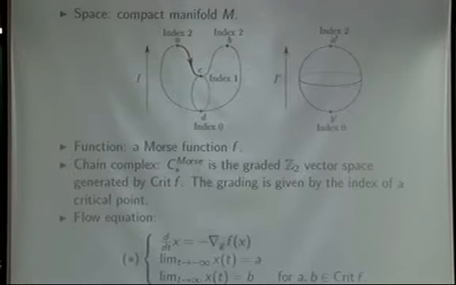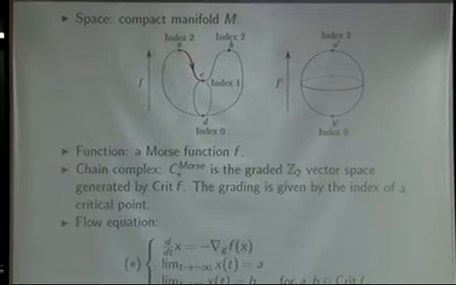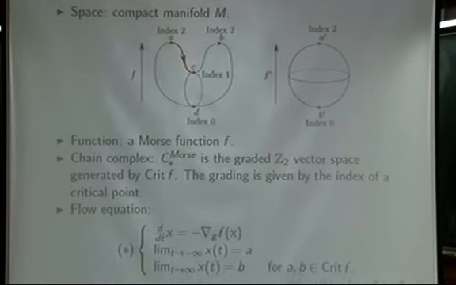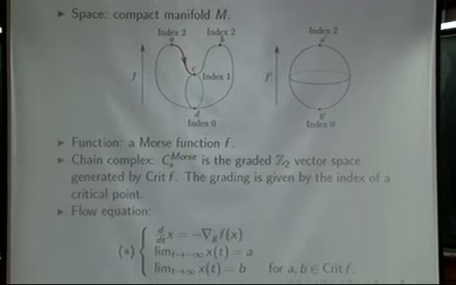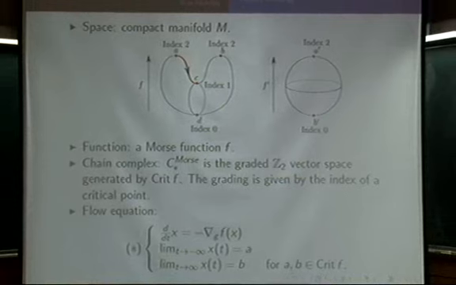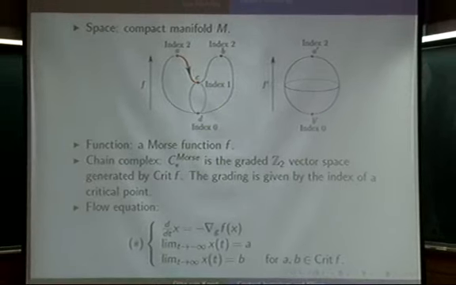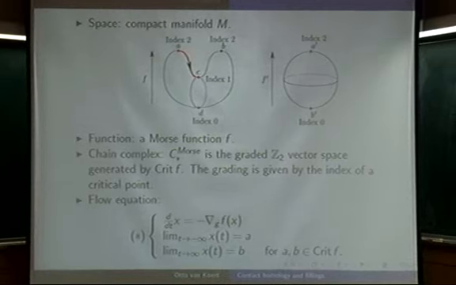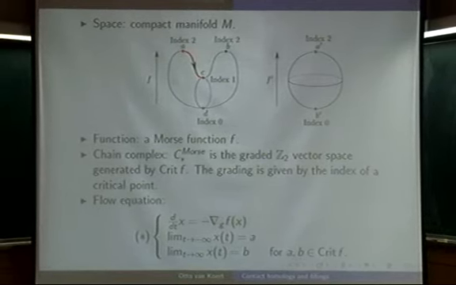Okay. So the invariant that I'm going to describe is known as contact homology, and the short version is that contact homology is a kind of Floer homology for a certain action functional. So maybe I should ask at this point, who is familiar with Floer homology? No, okay. Well, if you're not familiar with Floer homology, then probably you're also not familiar with Morse homology, because Floer homology is kind of Morse homology in an infinite dimensional setup.